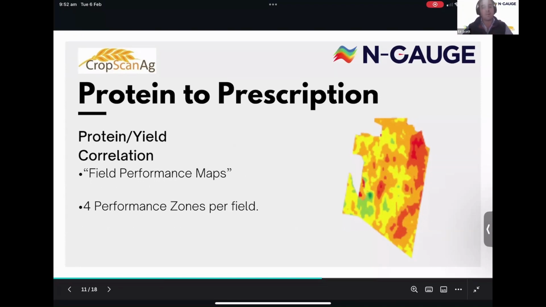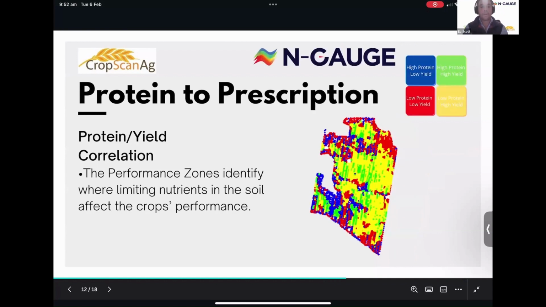We'll get that yield and protein. We used to do it manually for a lot of our growers and run all the program to be able to get these yield protein overlays. But if we get the yield, look at that individually, get the protein, we'll then do what we call field performance maps, where we run this yield protein overlay to generate these 4 zones, or this correlation quadrant, essentially of what the data is telling us.